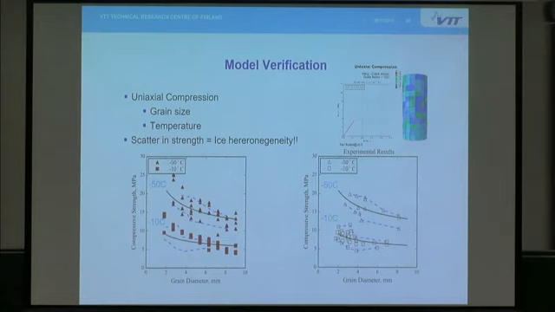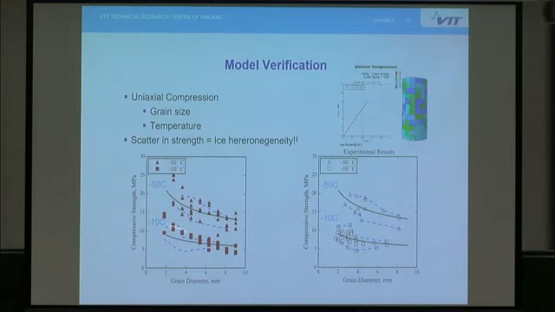You can see that there's a scatter in the simulation, and that's because I've assumed that grain size is not constant. There's average grain size and then there's standard deviation. And because of this random feature, when I run a simulation, I will get different results.